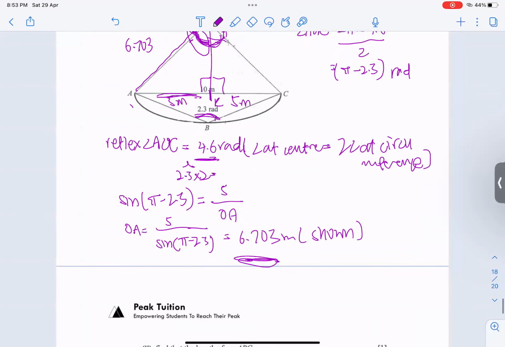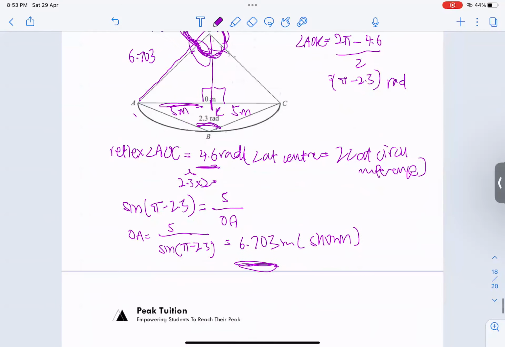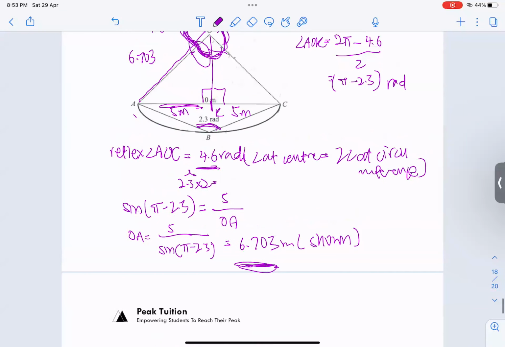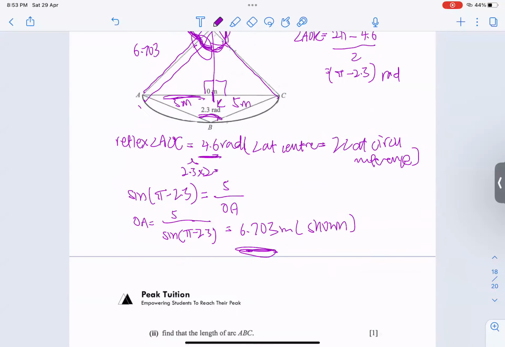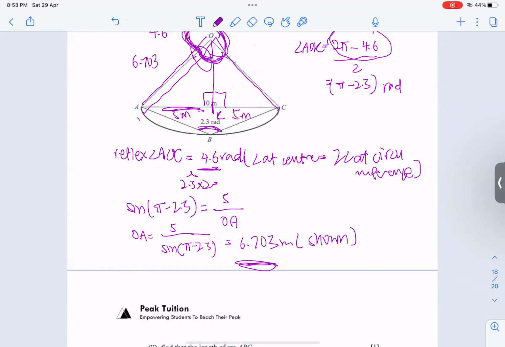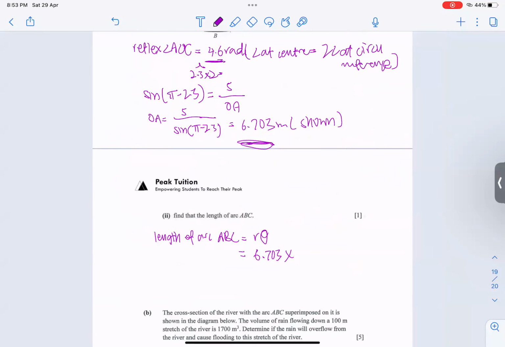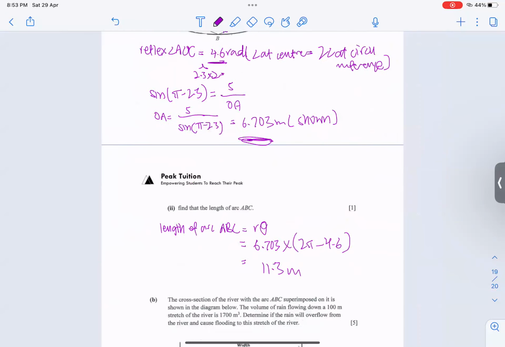For ABC, the theta is this one, so you have your 2 pi minus 4.6. Then you'll get 11.3 meters.